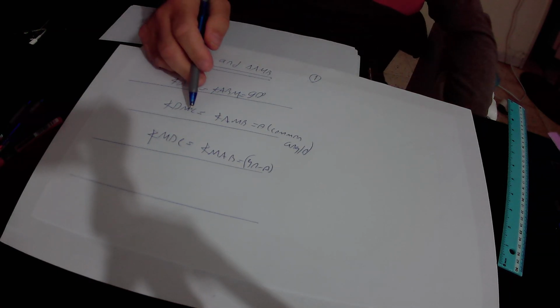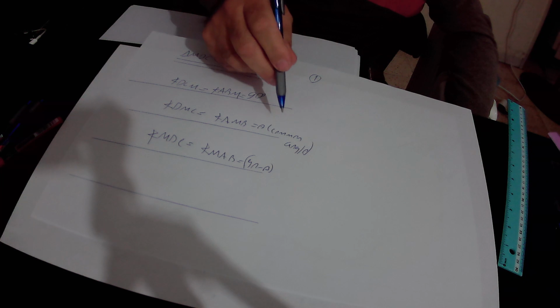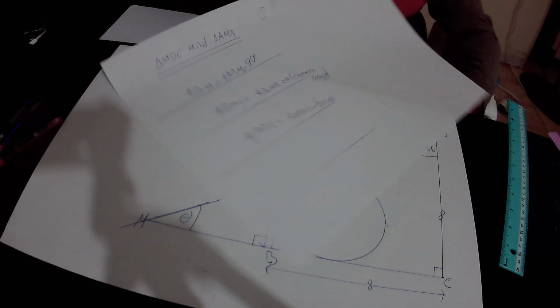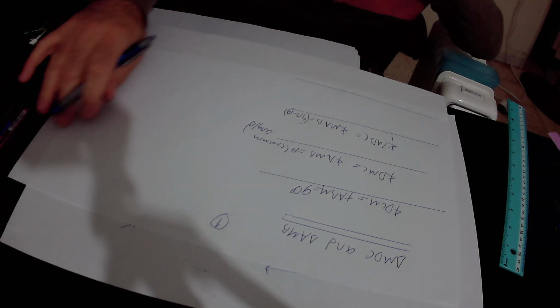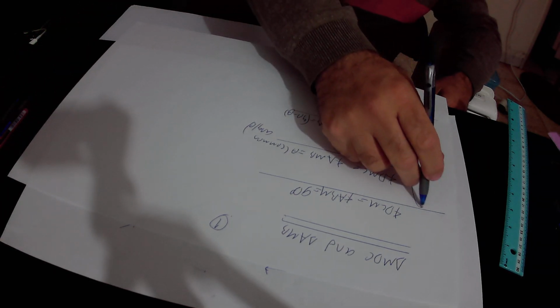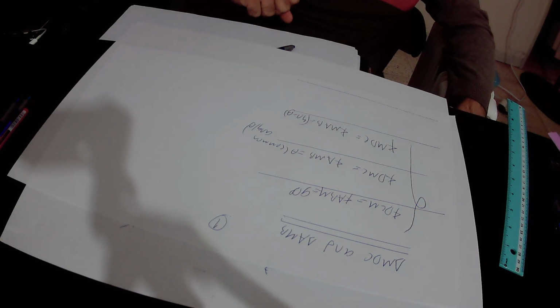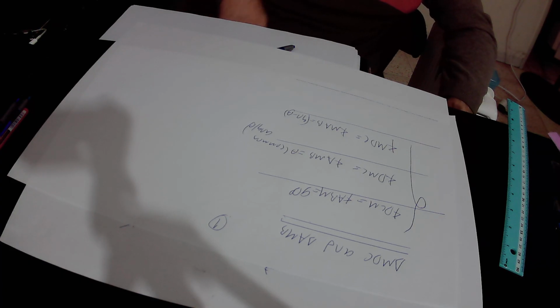Angle MDC in the big triangle equals angle MAB in the small triangle. They are both equal to 90 degrees minus theta, therefore they are equal to each other. So we proved that all three angles in the big triangle MDC are correspondingly equal to all three angles in the small triangle AMB.